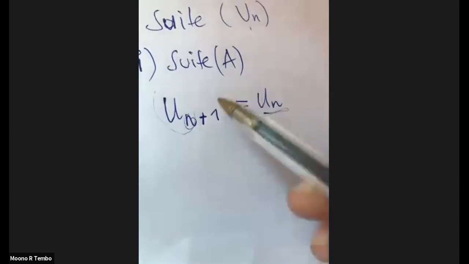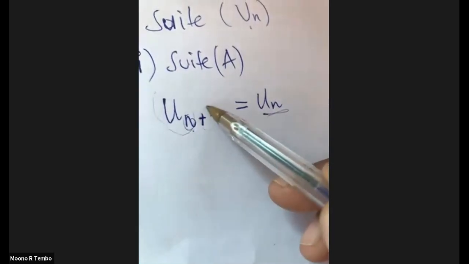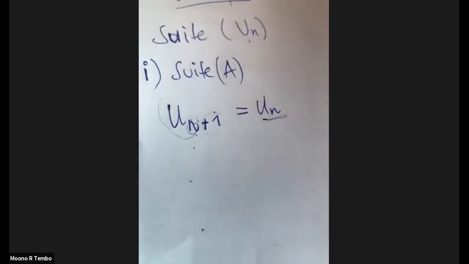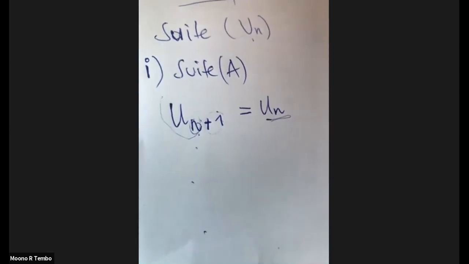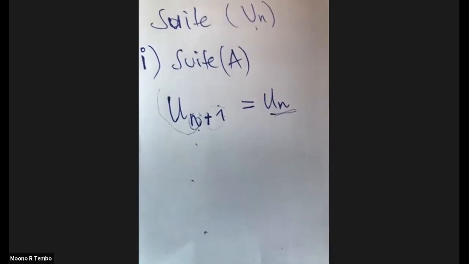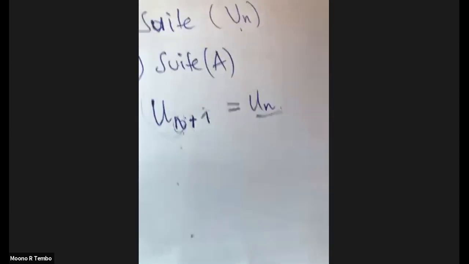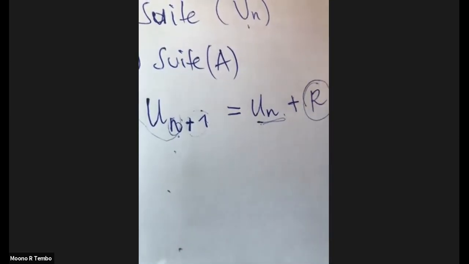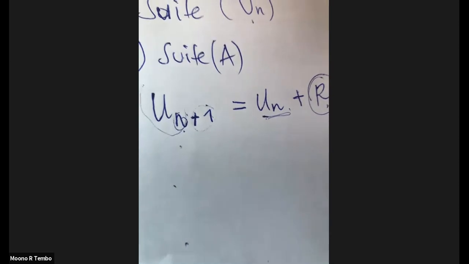The reason it is plus 1 is because you're trying to find a sequence of different terms. This is why it's called an arithmetic sequence, because it's a sequence of different terms. Then for this U_n, you add r. This r represents your common difference.